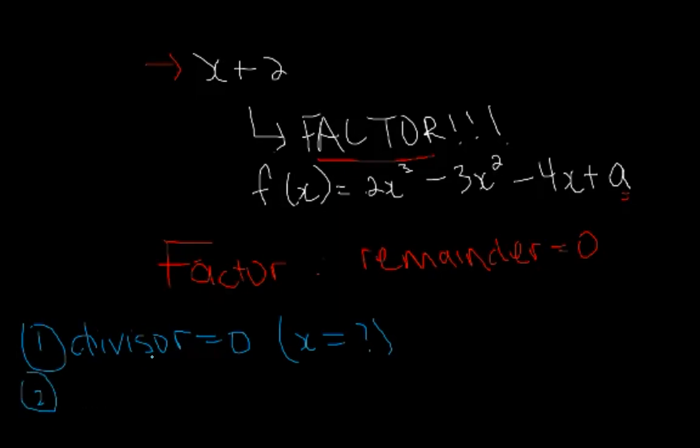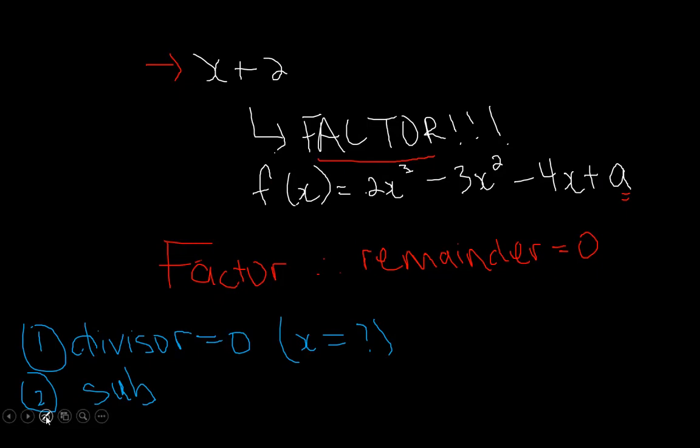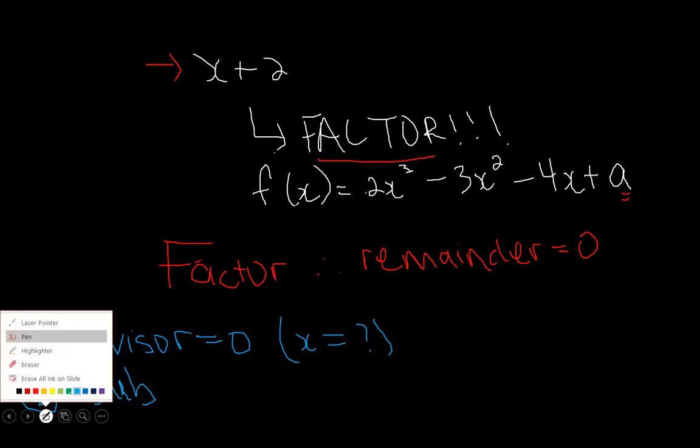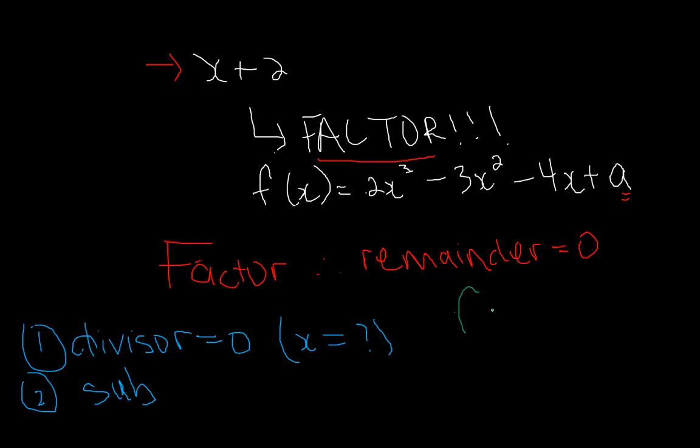Second step, this value of x that you got, you're going to sub it into the polynomial expression that they gave you. So what is my value of x in this case? Well, if I put this equal to 0, I'm going to get x is equal to minus 2. What does that mean for me? f of minus 2.